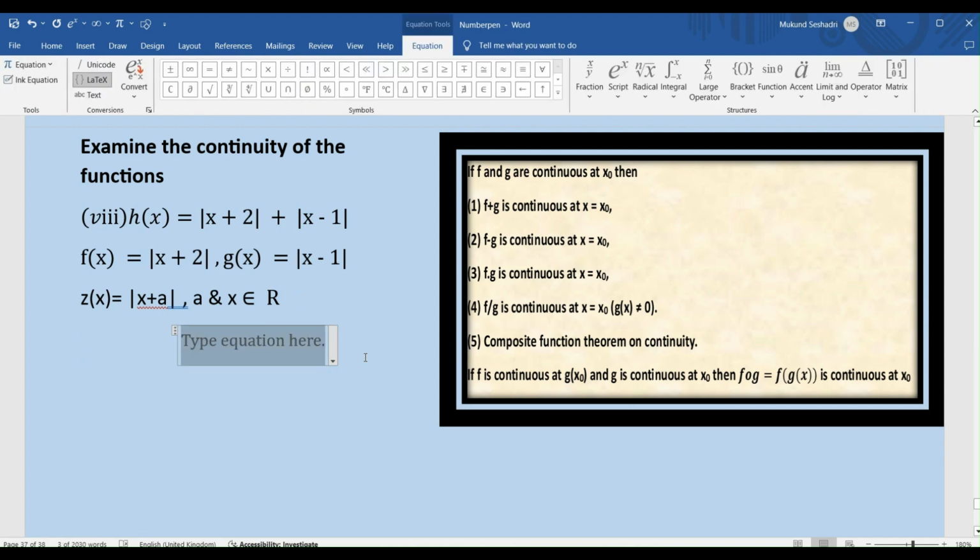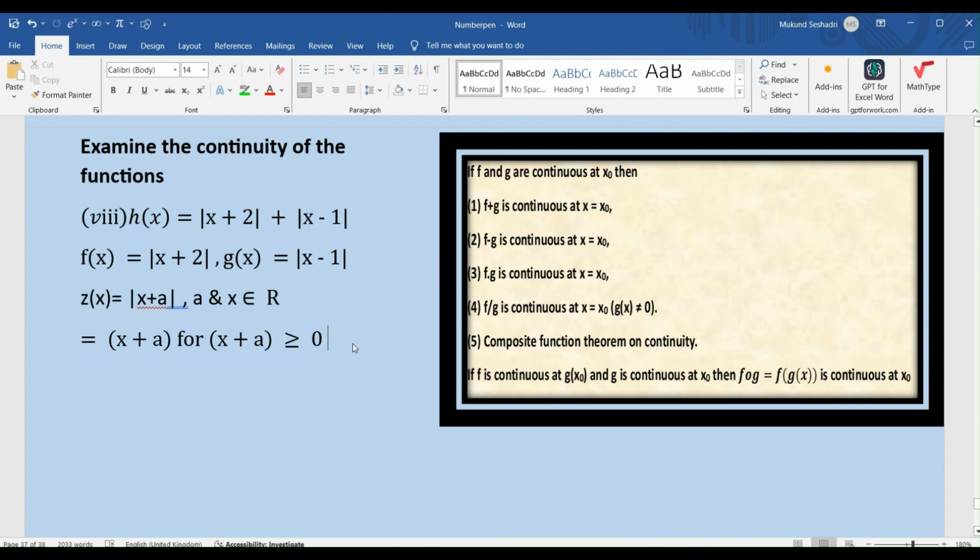So if I rewrite this function based on the definition of mod, then this function equals x plus a for x plus a greater than or equal to 0, and then the same function is equal to minus of x plus a whenever x plus a is lesser than 0, right?